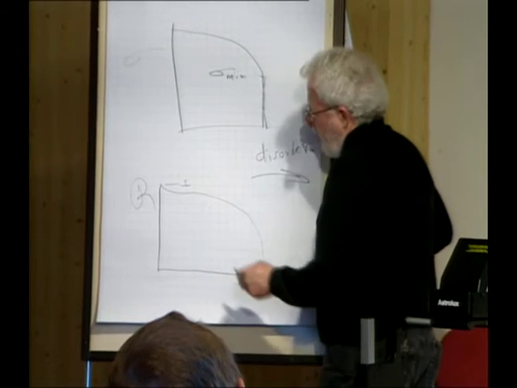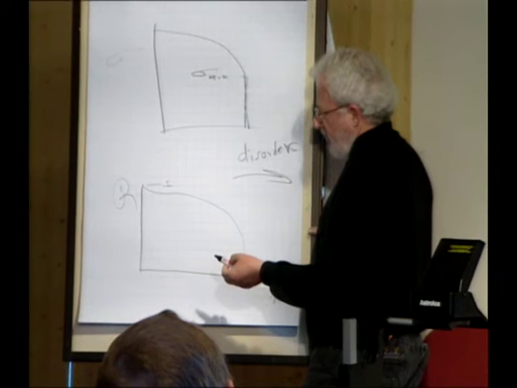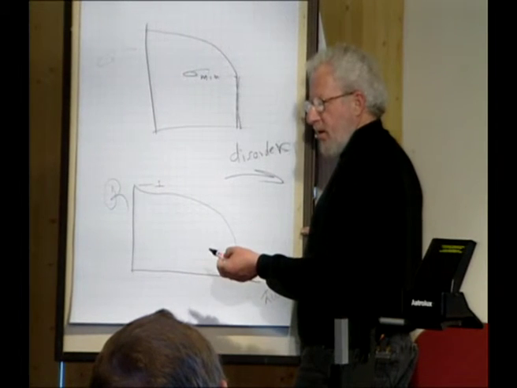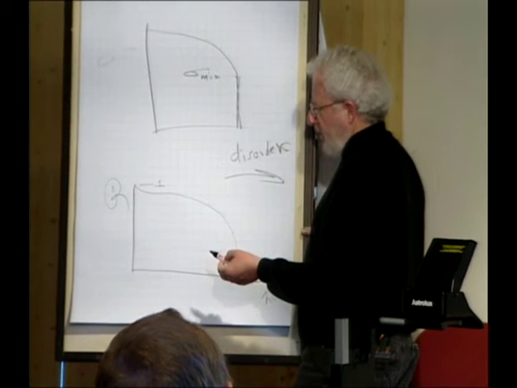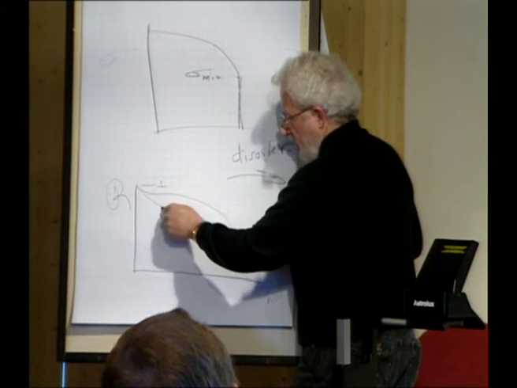If you talk about a system which has the same number of electrons but is a poorer metal, that is to say the conductivity is lower, then you tend to get a series of curves like this.